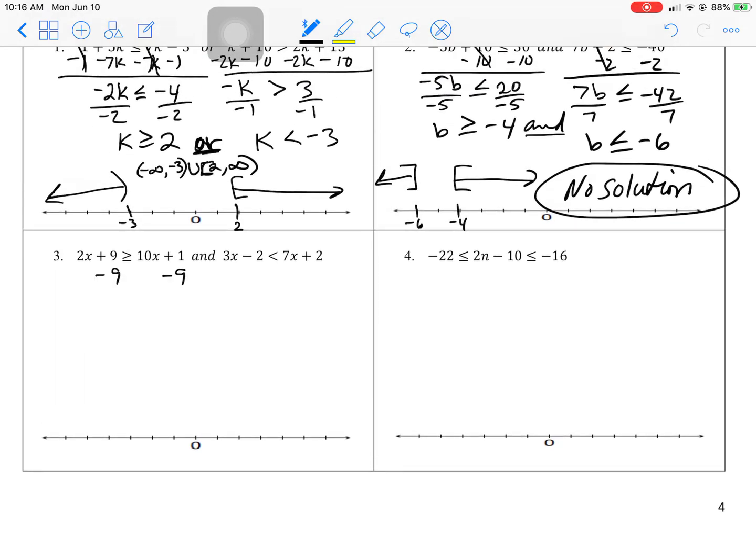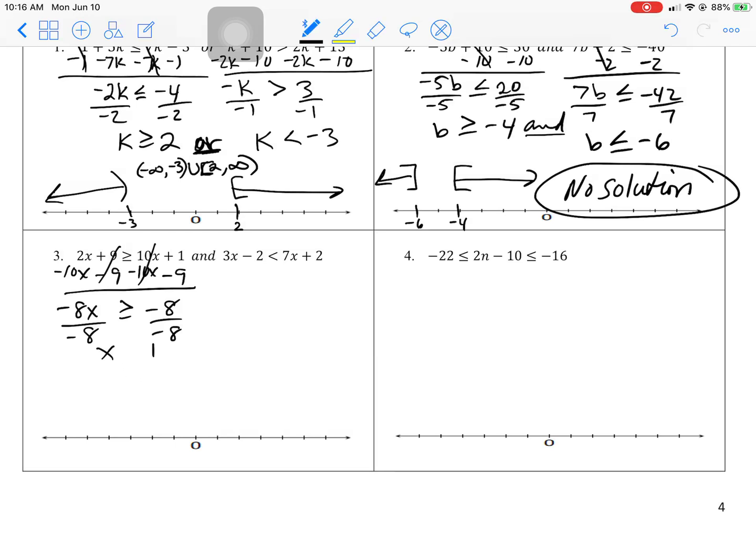Negative 9. Move the 10. 8x is greater than or equal to negative 8. And I divide it by a negative.